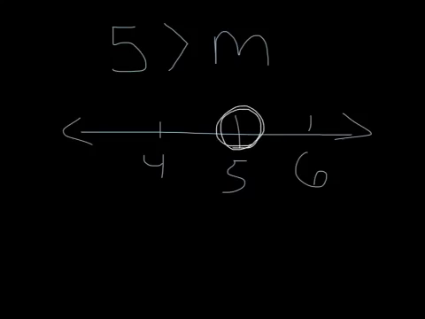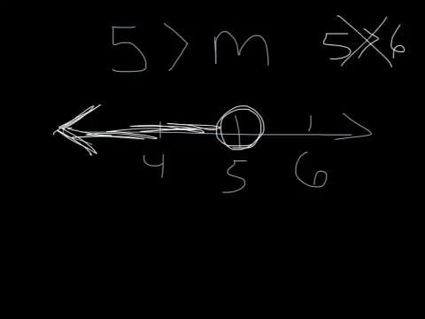Now, 5 is greater than m. What numbers can we put in for m? Well, we want numbers where 5 is bigger, so we might say 4, 3. Notice, we would be shading to the left here. If we shaded to the right, we would be saying 5 is greater than 6, which is no bueno.